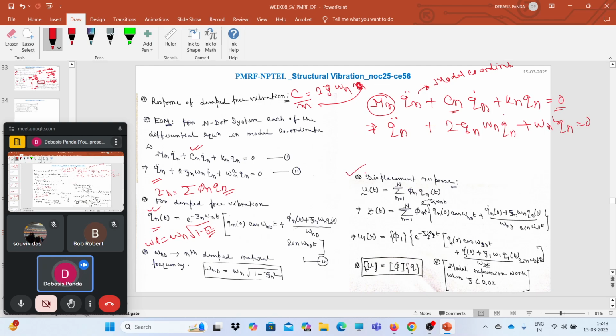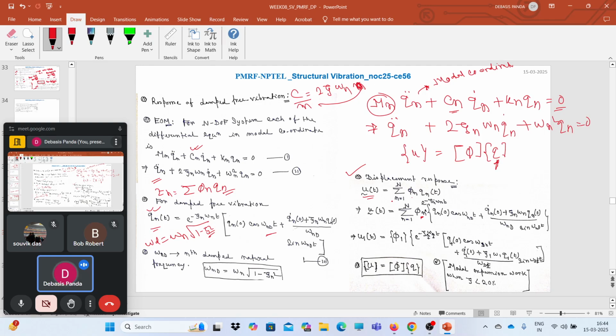Now we can easily express the displacement u of t as the sum from 1 to n of phi n Qn of t. So phi n is multiplied by this whole expression. That means the response u is the mode shape matrix phi multiplied by your coordinates, and the coordinates for the damped system you know. So using this modal representation we can solve the response of a free vibration case, damped or undamped.